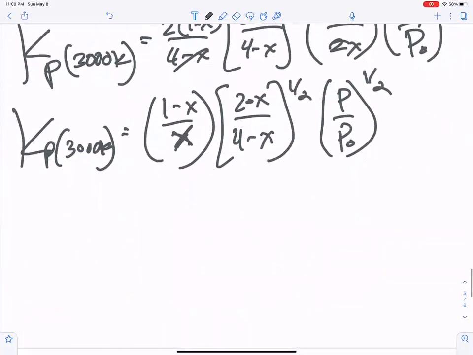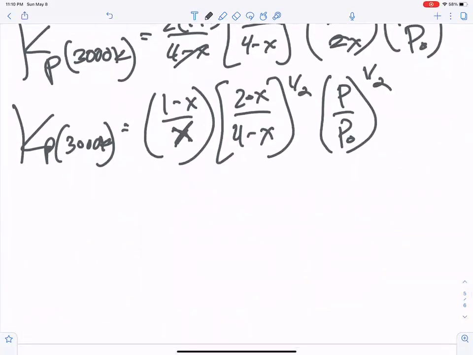Many times for these problems, we have to use the tables or this Gibbs free energy equation. In this case, we're just going to go to the tables, because we already have x and we already have the temperature. Because we already have the temperature, we don't need to use the first law as another tool to find the temperature.